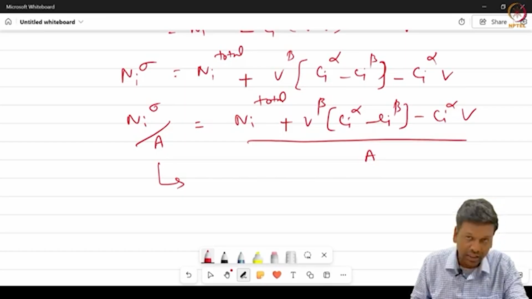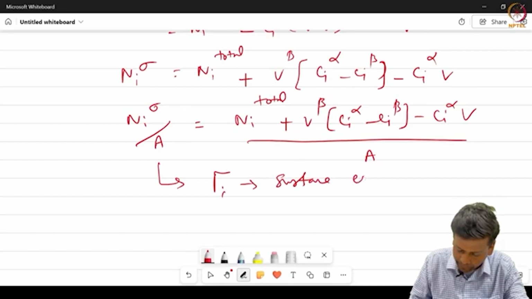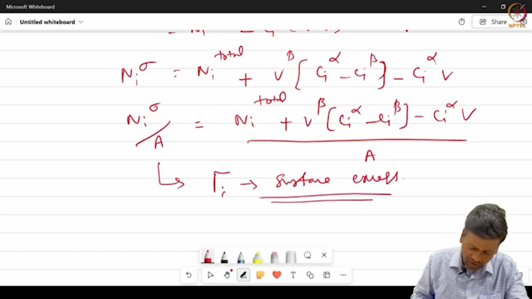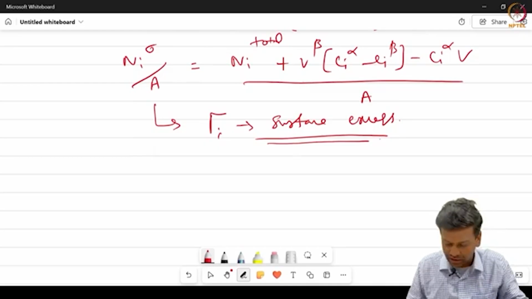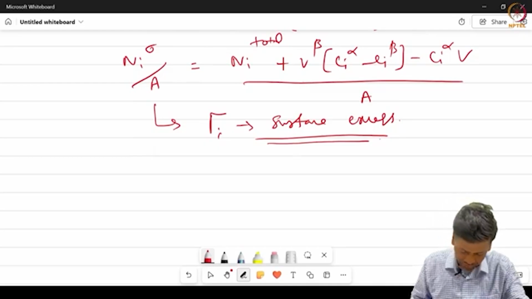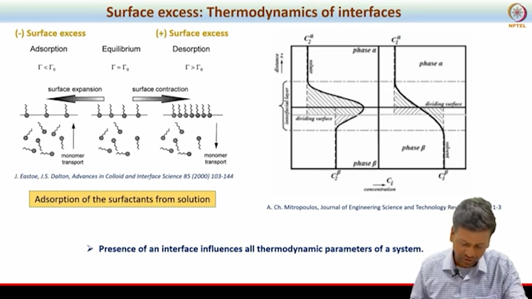So Ni sigma by A is nothing but your gamma i. This is nothing but your surface excess. It will be more clear when we look at the presentation that we have. This is nothing but the surface excess, right?